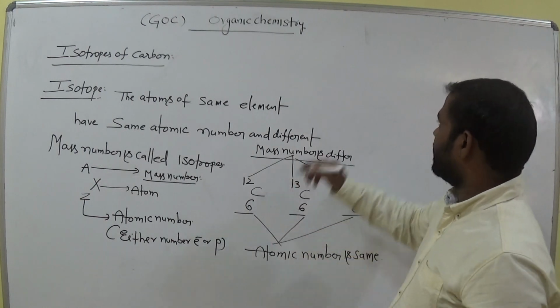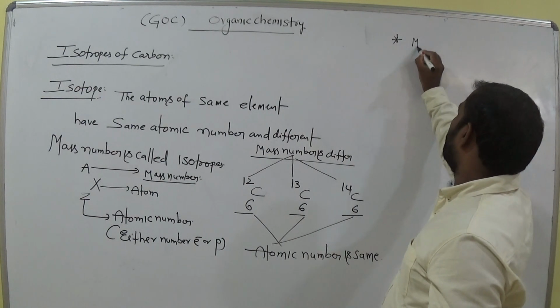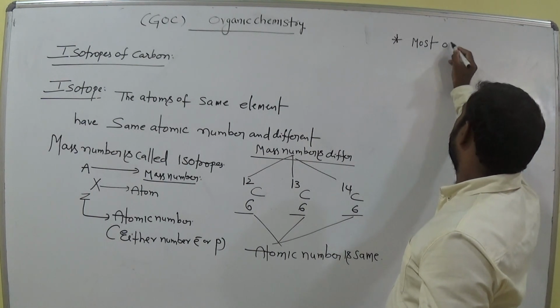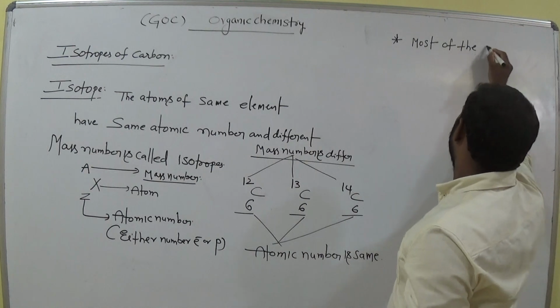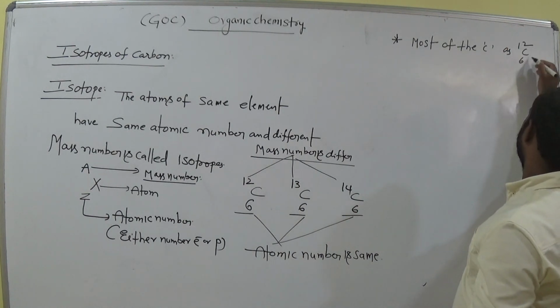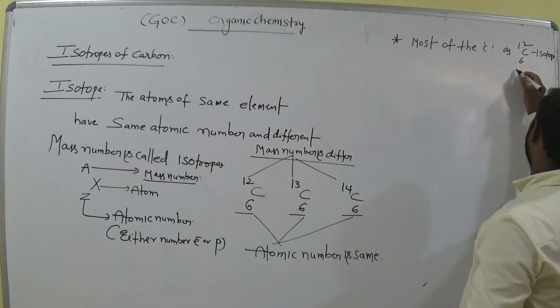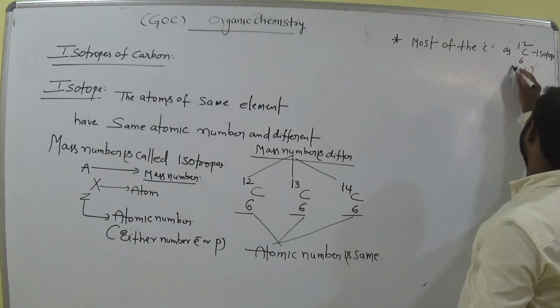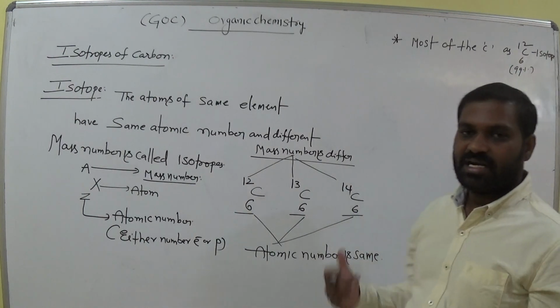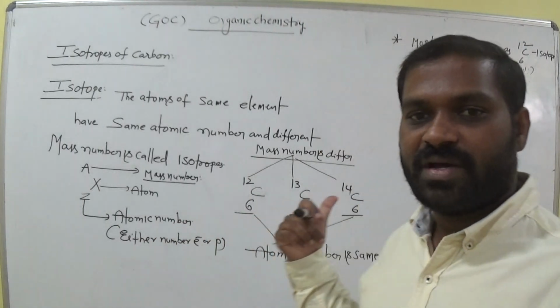Generally, in natural carbon, most of the carbon is in the C12 form, C12 isotope. So 99% of carbon exists as C12. Remember this. 99 out of 100, most of the carbon is available in the form of C12.